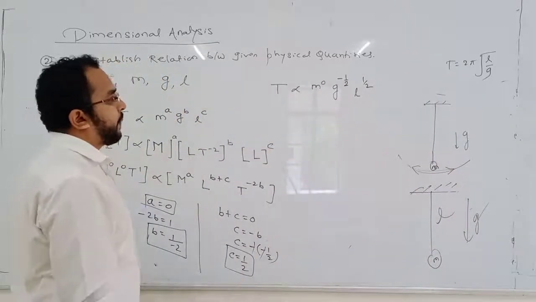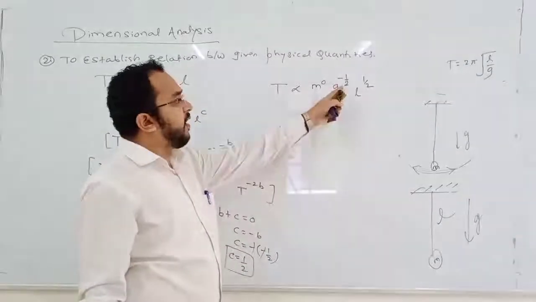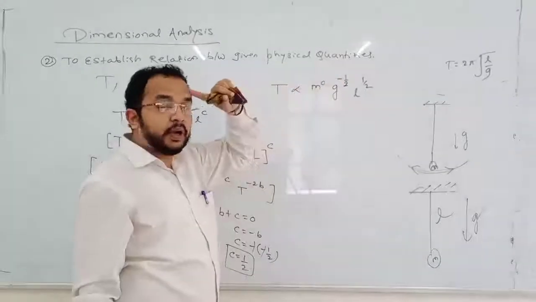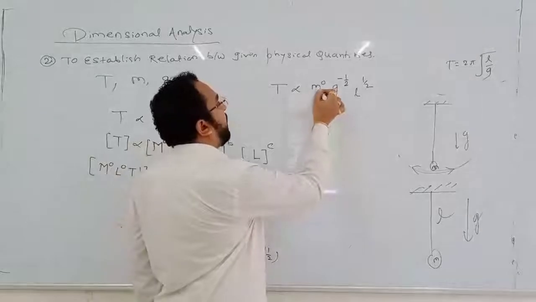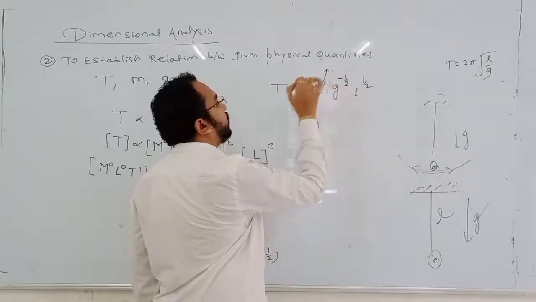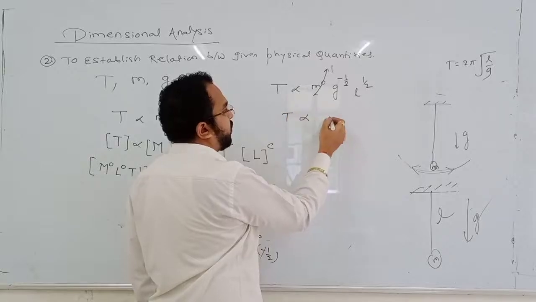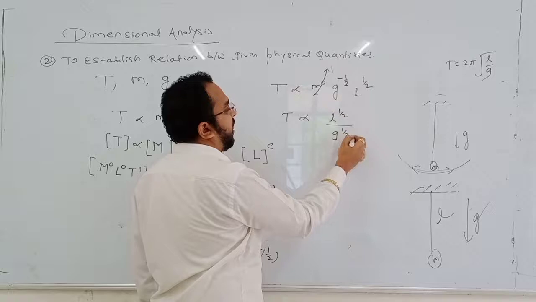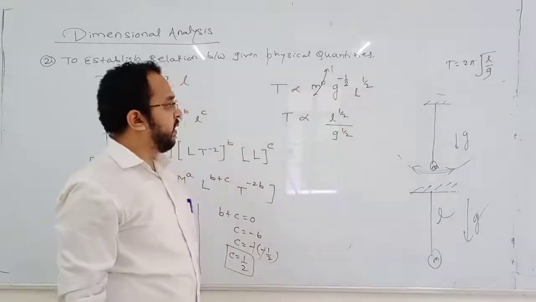Now tell me, when this minus half goes to denominator, this g to the power minus half goes to denominator, it will become plus half. Okay, and anything to the power 0 is 1, so it will become 1. So time period is proportional to L to the power half upon g to the power half.